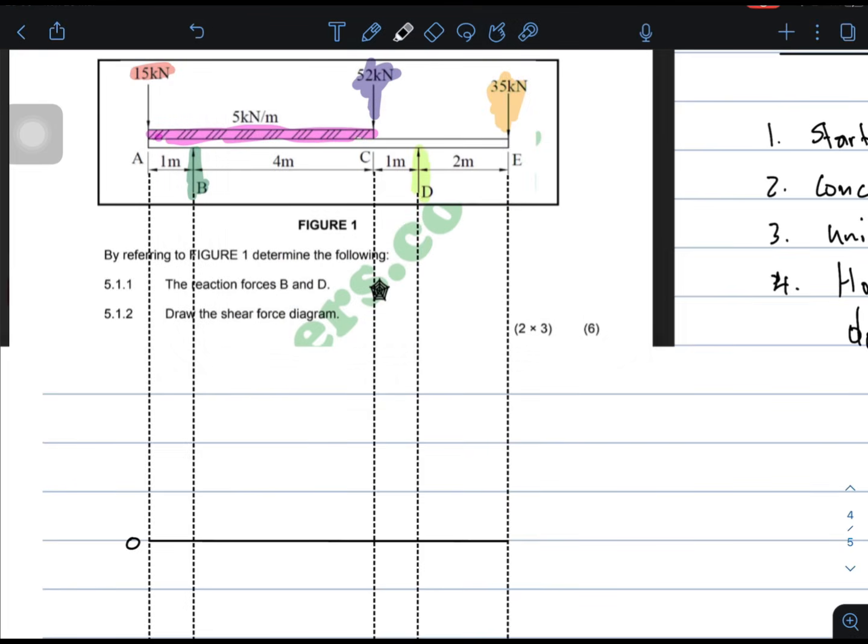And notice, guys, the portion of the beam that does not have any force is this one and this one.